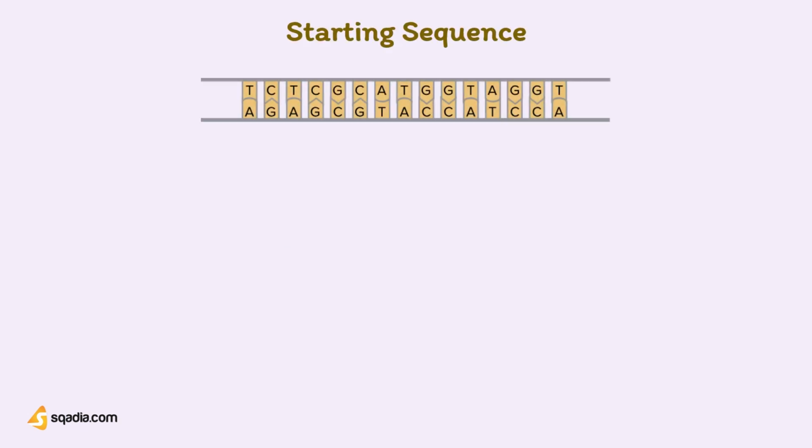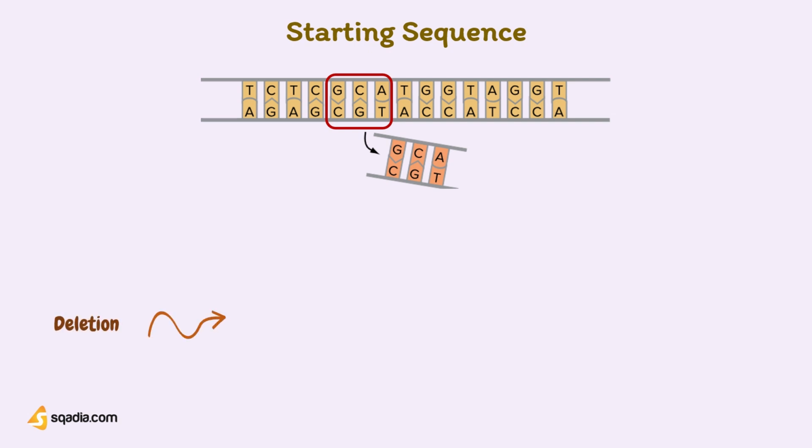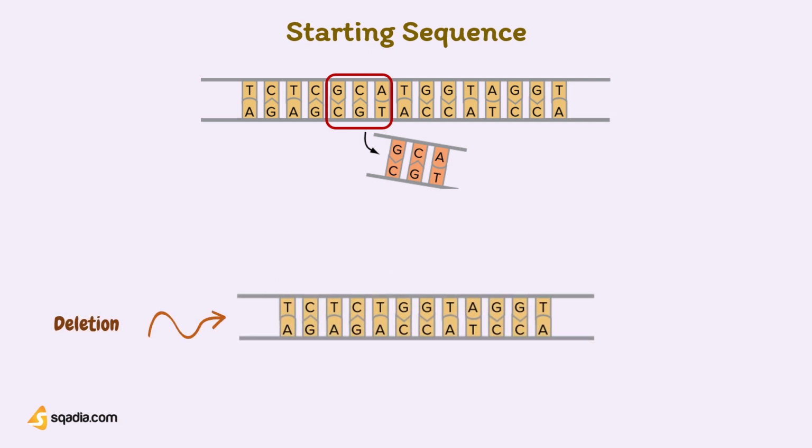This is the starting sequence. Observe positions 5, 6, and 7. From the starting sequence, these three nucleotide pairs are deleted or removed.